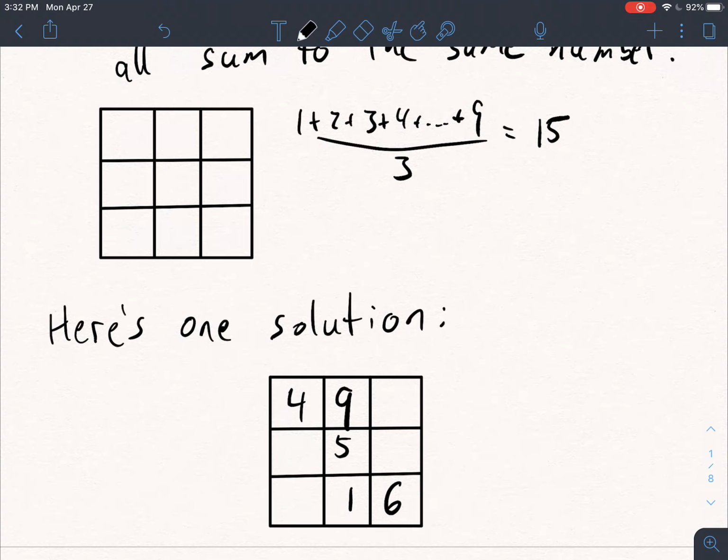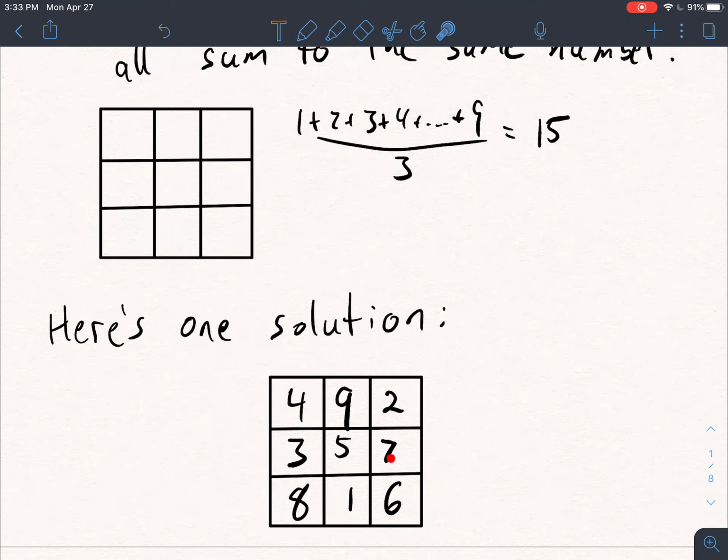So we'll pick here. Now the second column right here has entries 5 and 1, so this entry should be a 9, so that it all adds up to 15. Similarly, this entry should be an 8, so that row adds to 15. Now the first column adds to 12 right now, so I'll put a 3 right there. The second row adds up to 8 right now, so I'll put a 7 right there.